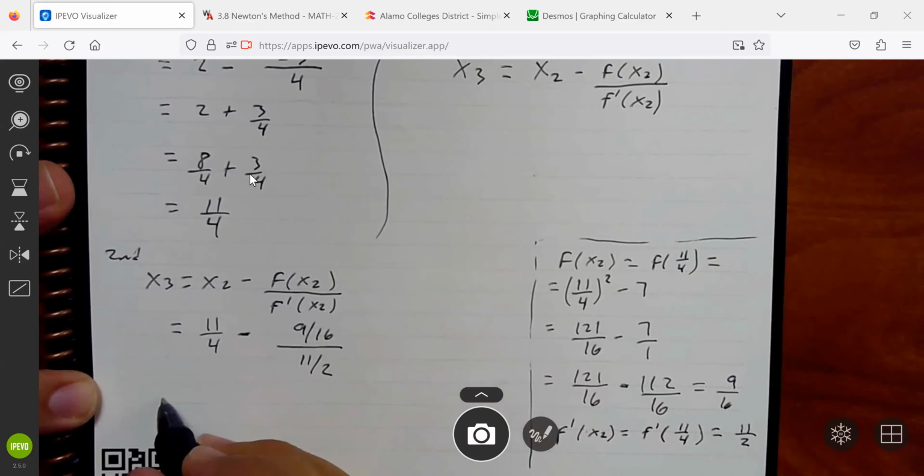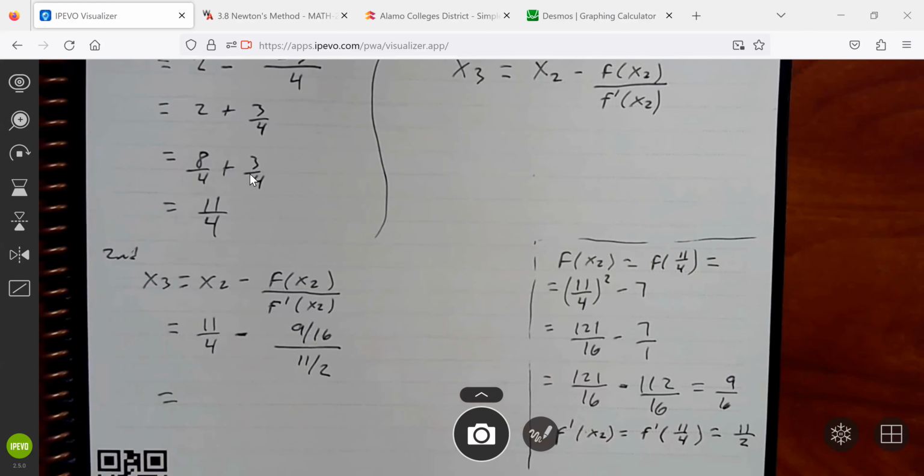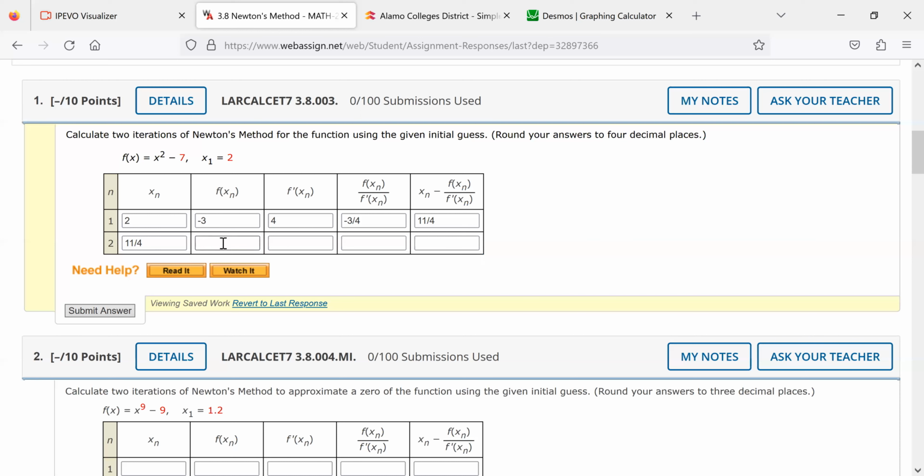Okay, so what is this gonna be? So on here, F would be the 9/16. This will be the 11 halves. Divide them both, and that's the next part.